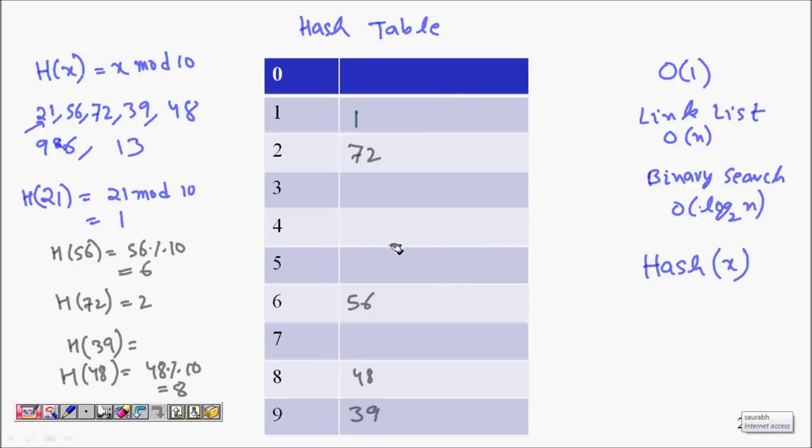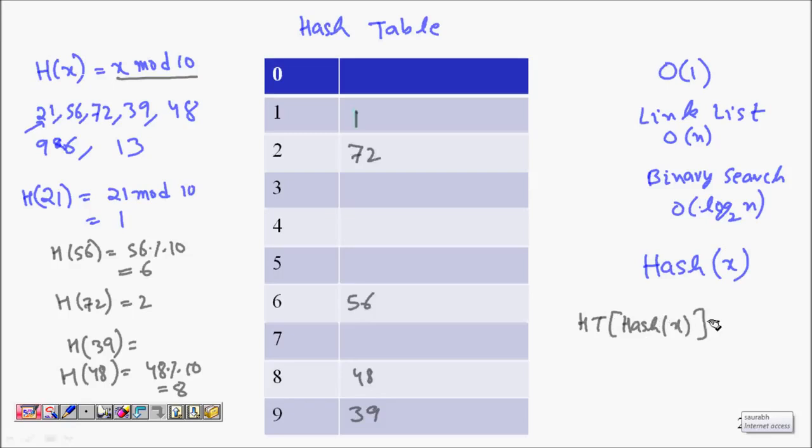Let's analyze what is happening when we are inserting. We are just evaluating h(x), which is x mod 10, and then we know where we should insert it in the table. If the hash table is an array, HT, then to insert x we just compute the hash of x, which tells us where it is stored.